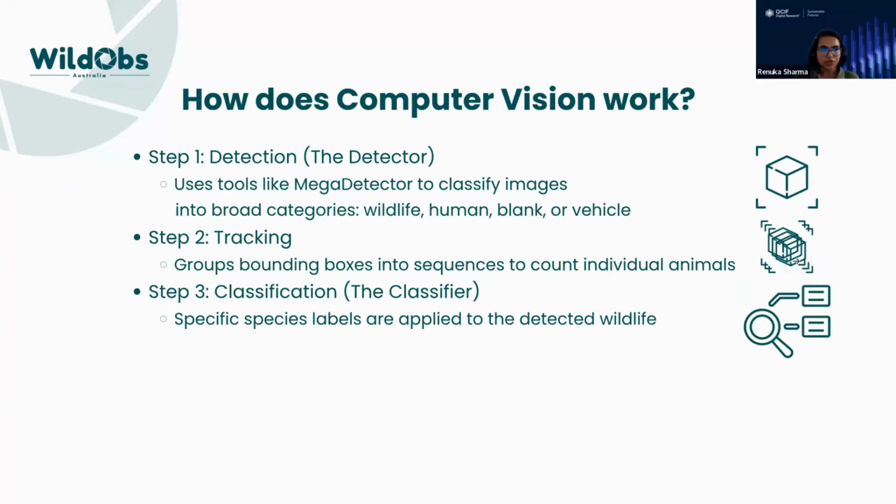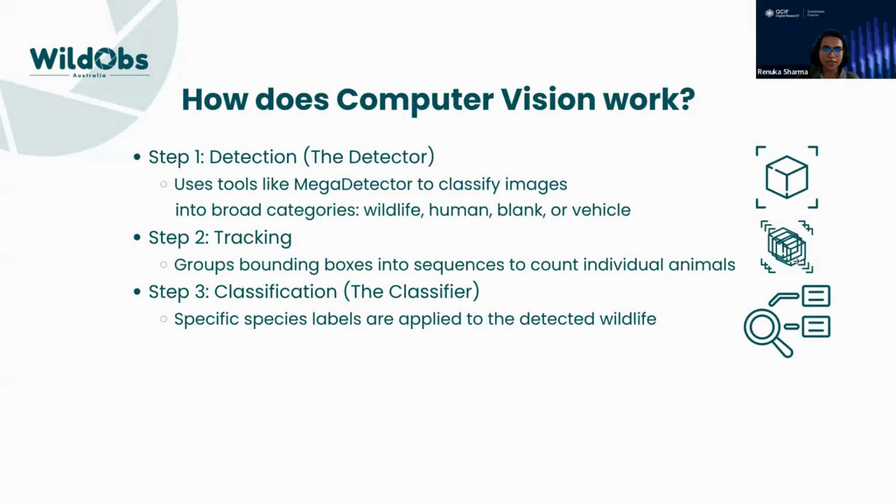Like Matthew mentioned, we are using computer vision in the imaging platform, where the first step when you upload your deployments, which is a collection of camera trap images, is the detector. We have different versions of MegaDetector and different detectors like YOLO as well. MegaDetector detects whether wildlife, human, blank, or vehicle is present in that image.